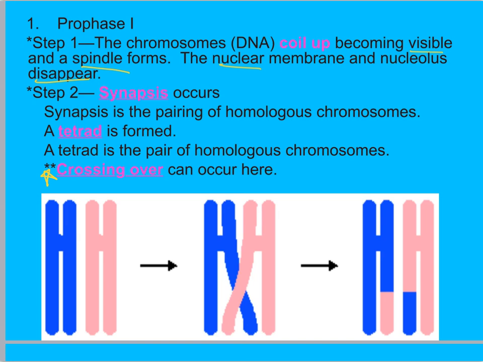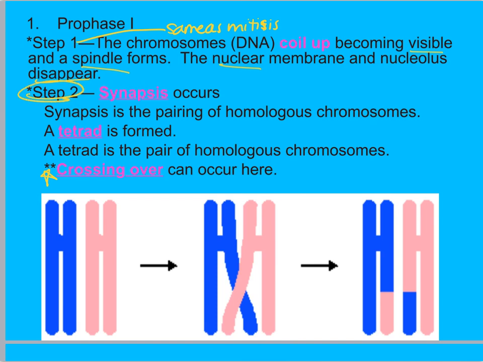But something extra happens. The extra thing that happens is in step 2. You would say that step 1 is basically the same as mitosis, but step 2 is the difference. Synapsis occurs.